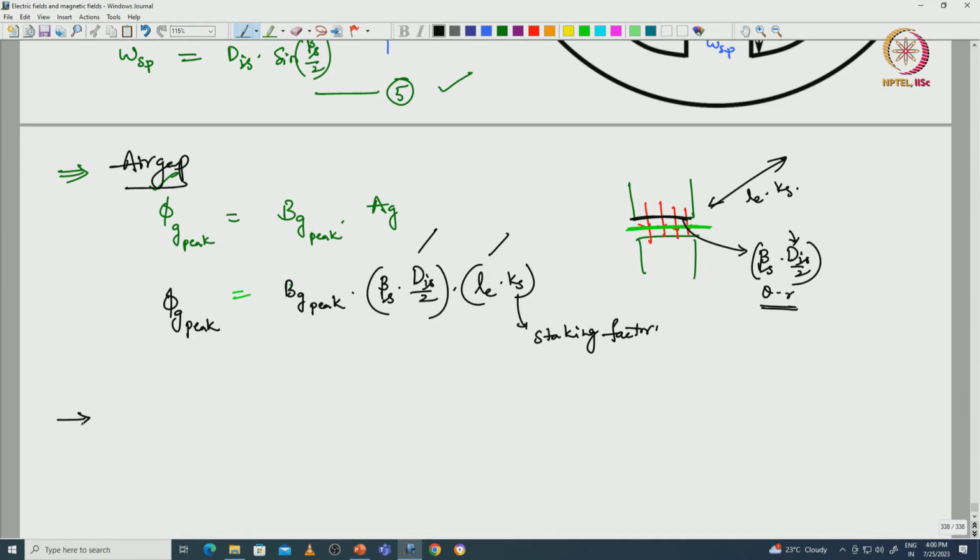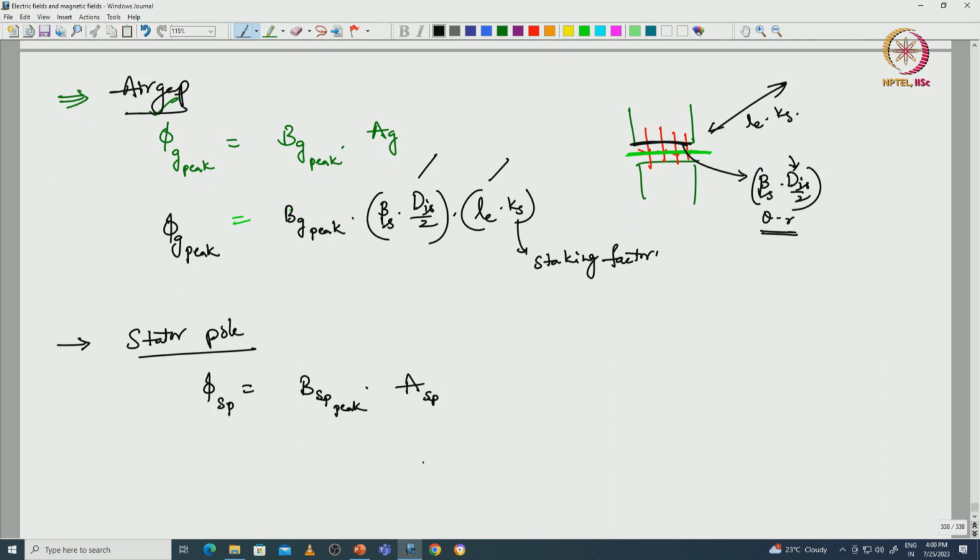Next, flux at the stator pole. Phi sp is equal to BSP peak, the flux density at the stator pole peak, into the area with respect to the stator pole. Here flux lines are coming in this direction. So with respect to this, what is the area? This length we know, that is WSP, and the y axis length is Le into Ks.